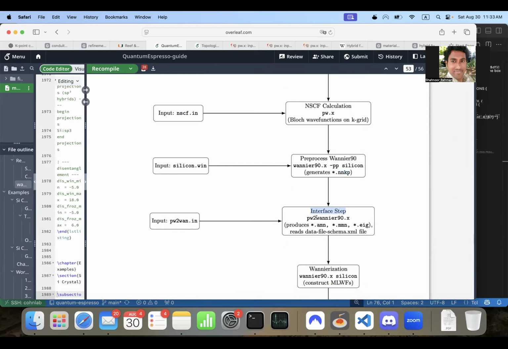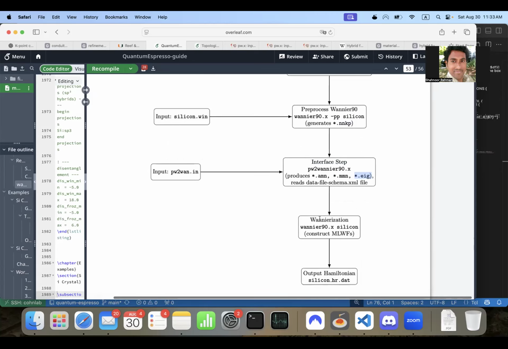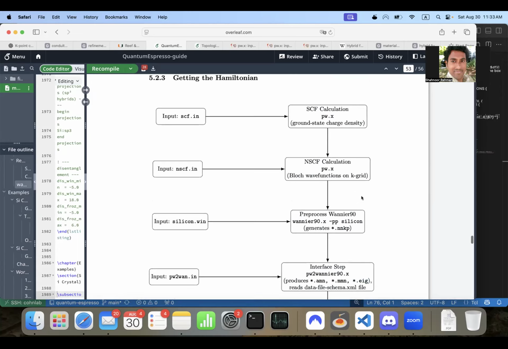It runs the pw2wannier90.x executable and generates this AMN, MMN, and EIG file. These are the eigenfunctions. It's just an overview. Then do final Wannierization, and we get maximally localized Wannier functions, and the output is some file named hr.dat. That's the Hamiltonian.